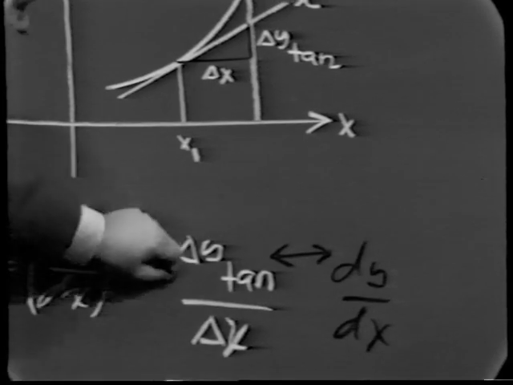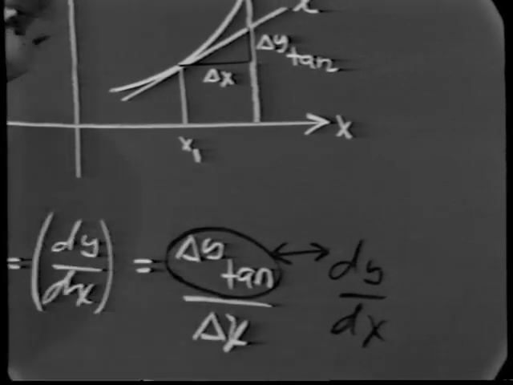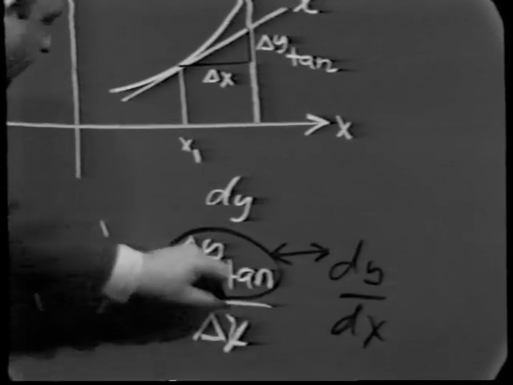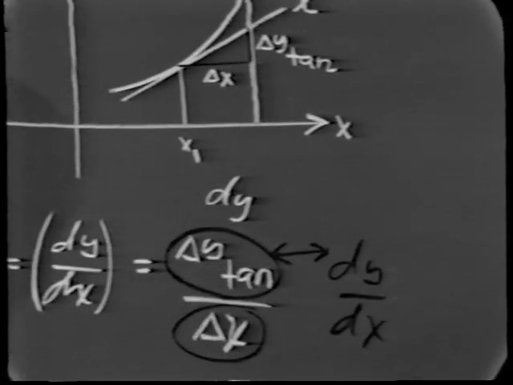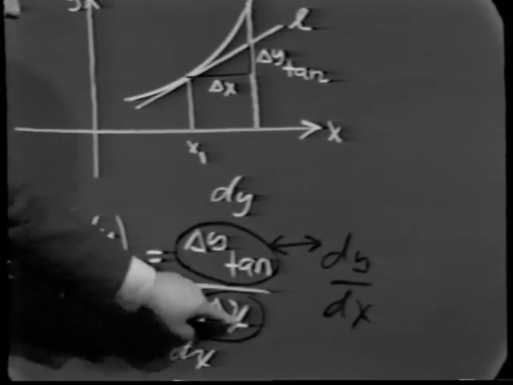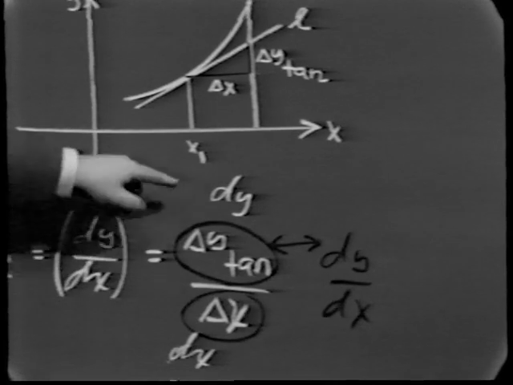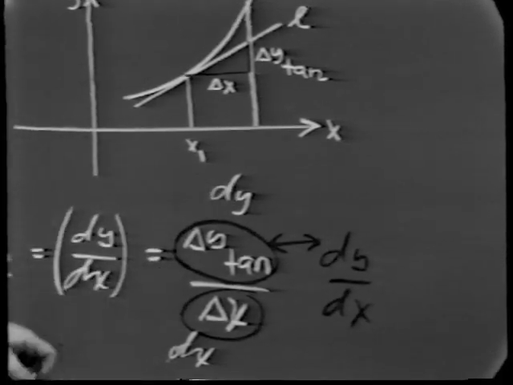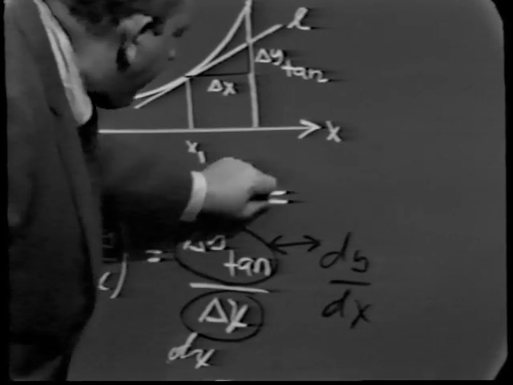Therefore, why not define this number to be dy, and define this number to be dx. In other words, the symbol dx will just be a fancy name for delta x. On the other hand, the symbol dy will not be a fancy name for delta y. In fact, let's emphasize that.